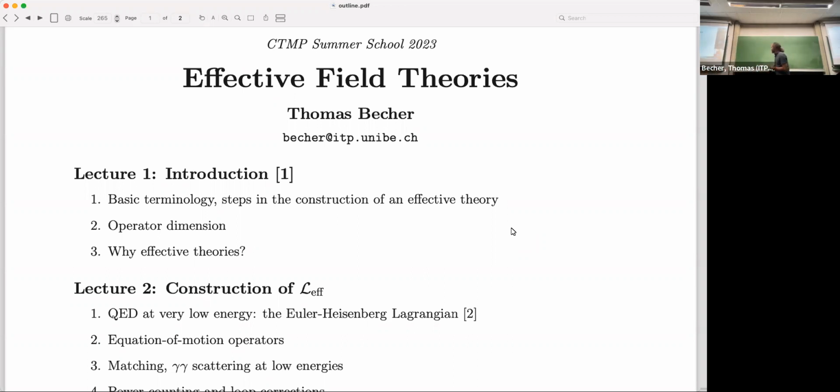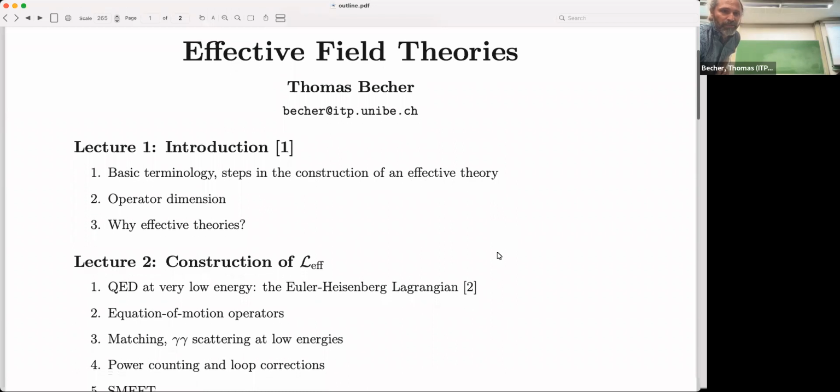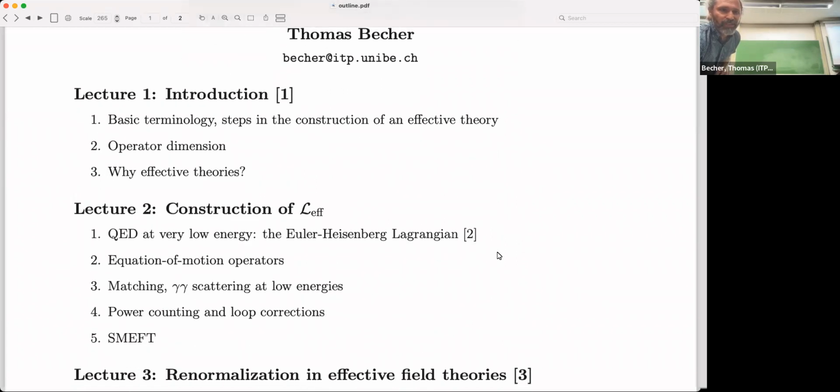Good. And so the general motto maybe, so I can go over this schedule here that I put up on the screen. So I put 5 lectures here. I think not all of them are the same length. We'll just go from one topic to the other as we go. Today will be a little bit of introduction, sort of the basic terminology. What is a low energy effective theory?